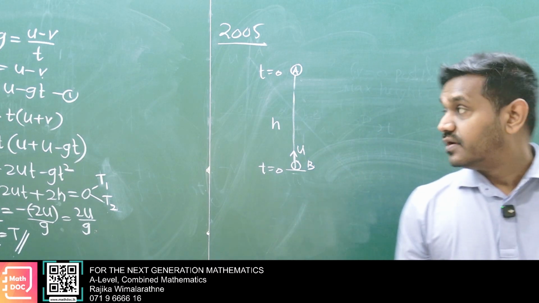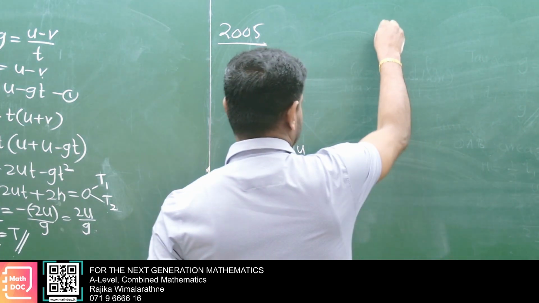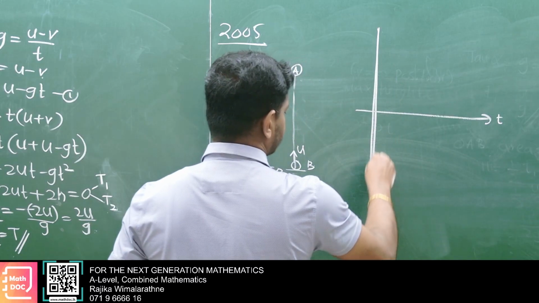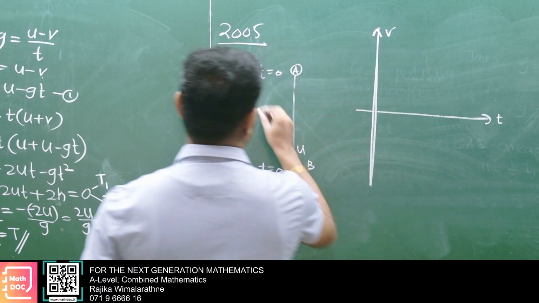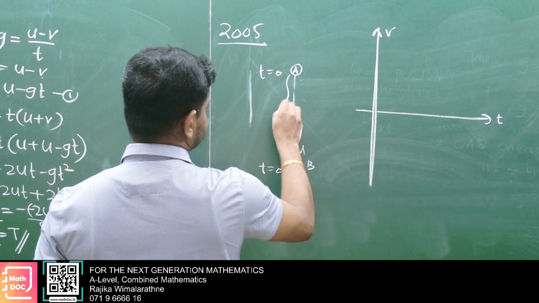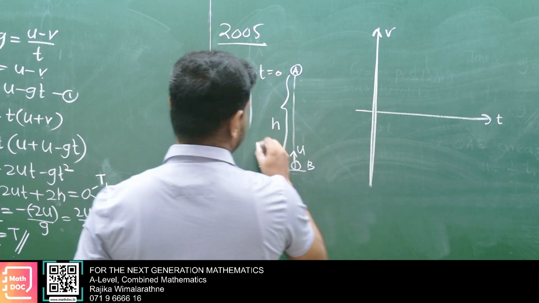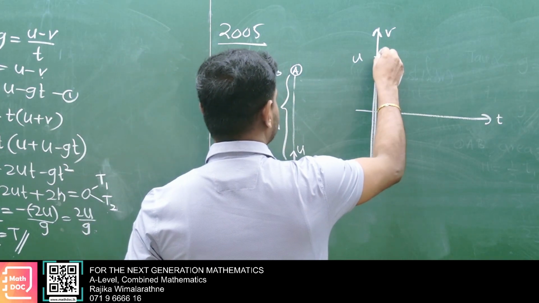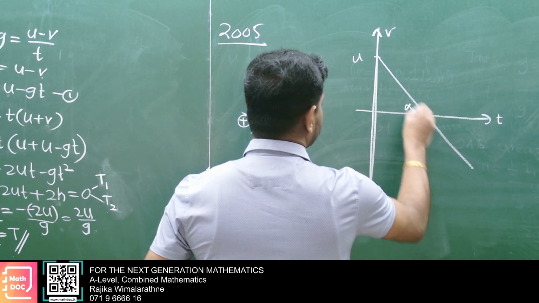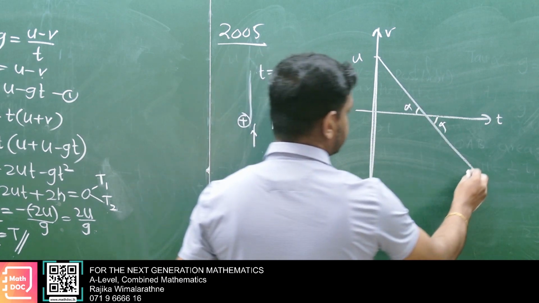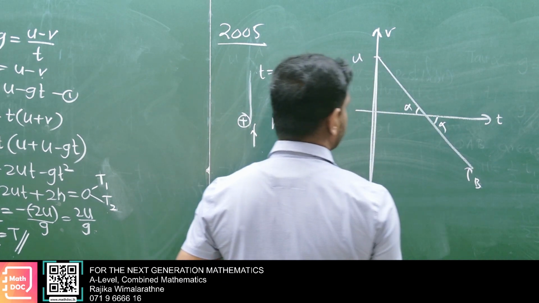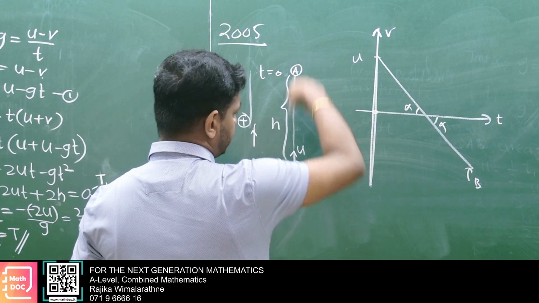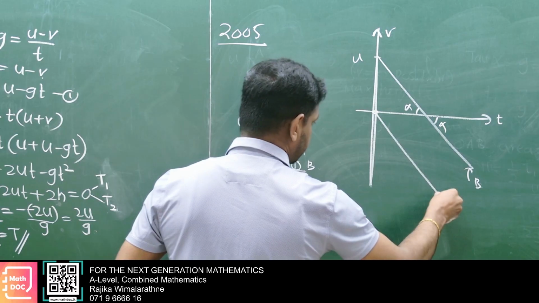Now here consider the Vt graph, time and velocity. Here the displacement is simple h, no. Then I'll take upward positive, downward negative. Then initial velocity u. Here alpha, that is particle B. This is for particle B. Then particle A is at rest first, then goes downward, so negative, fourth quadrant.